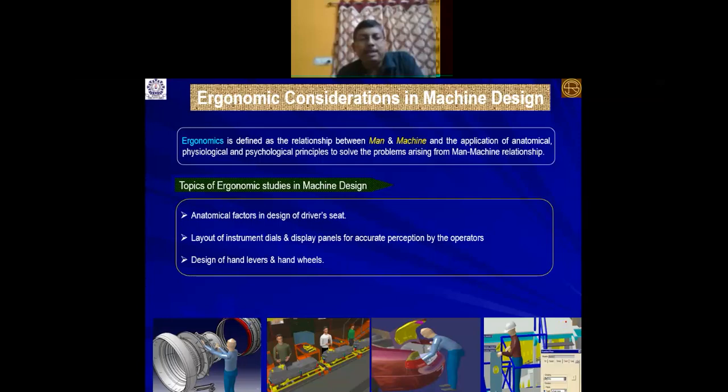Not only front and back adjustment, there is also height adjustment and the inclination of the driver's seat. All these things are based on ergonomics, because ultimately all machines have to be run by human beings, and that means there is interaction between the man and machine.